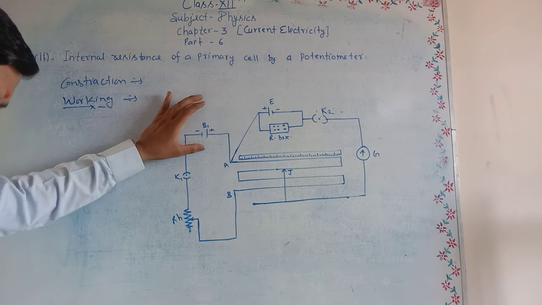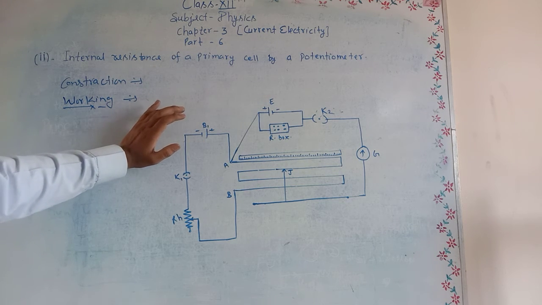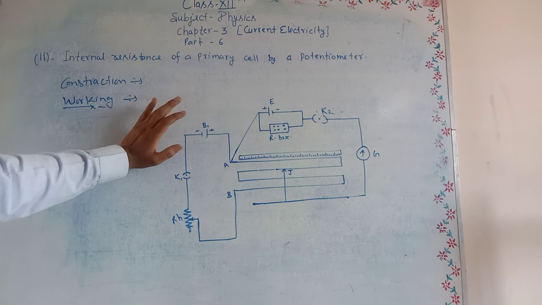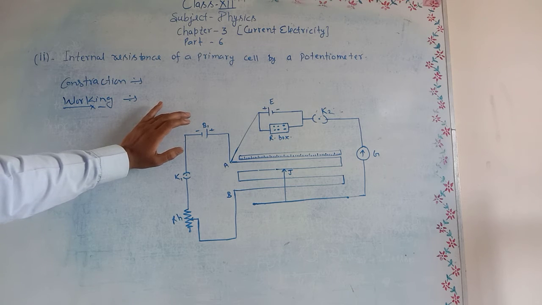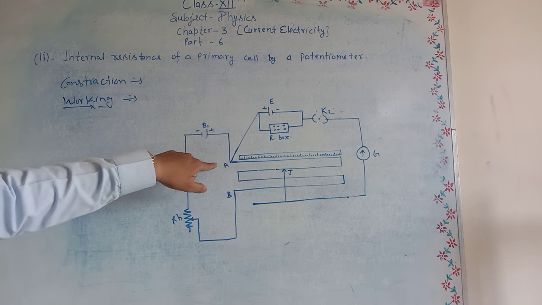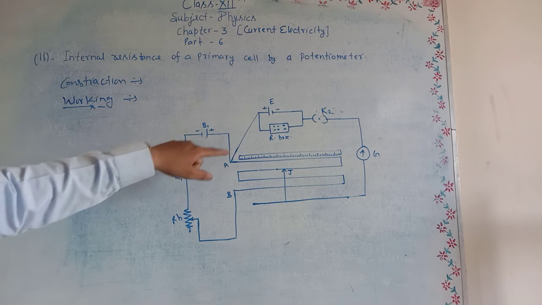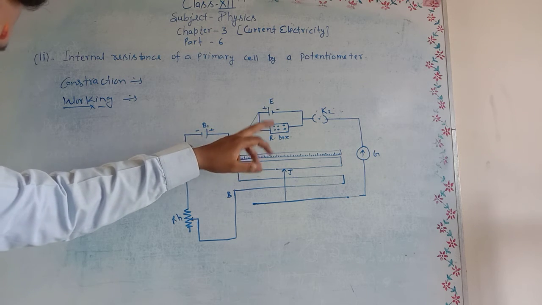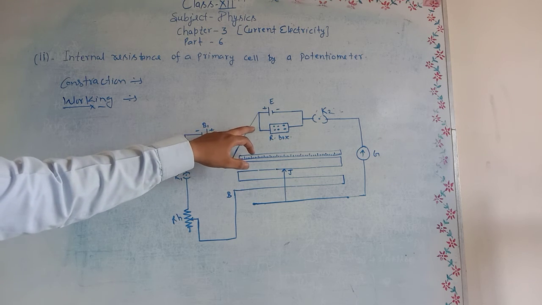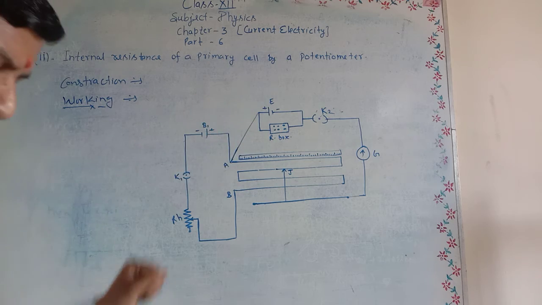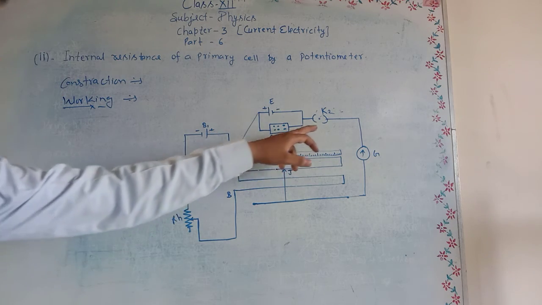The positive terminal of the cell of EMF E whose internal resistance r is to be measured is connected to the end A of the potentiometer wire, and its negative terminal to a galvanometer G and jockey. A resistance box RB is connected across the cell through the key K2.